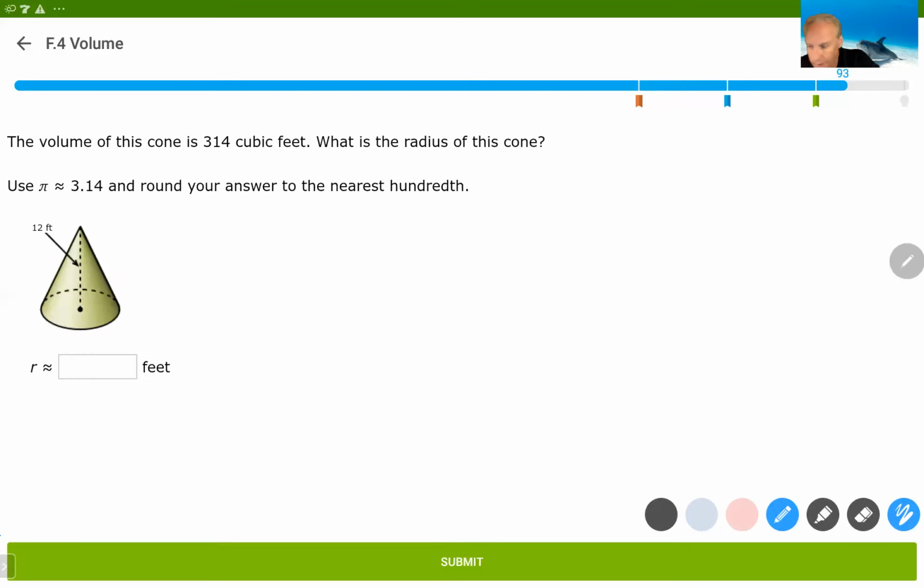And maybe one more. What is the radius? Oh, they're gonna make it a little harder, that's good. So the volume is 1/3 pi r squared h. That's supposed to be a third. There we go. Man, that's sad. Okay, there we go. So 1/3, 3.14.